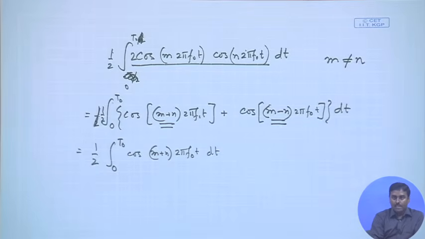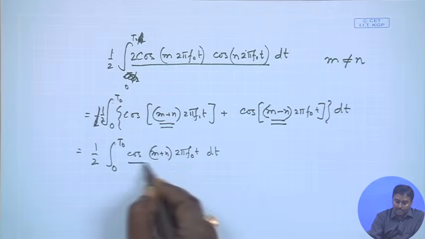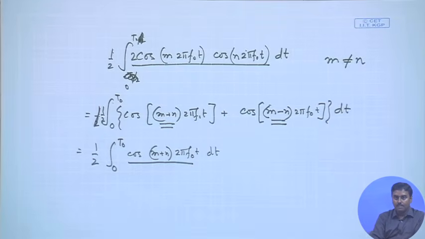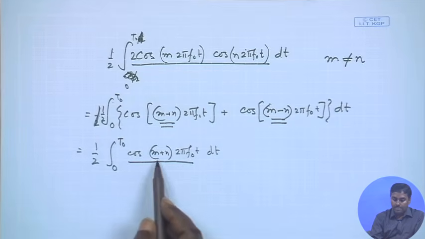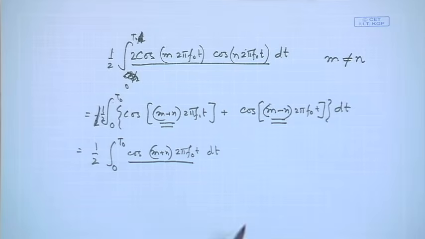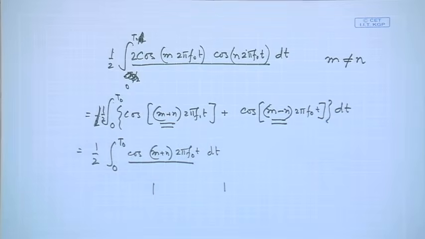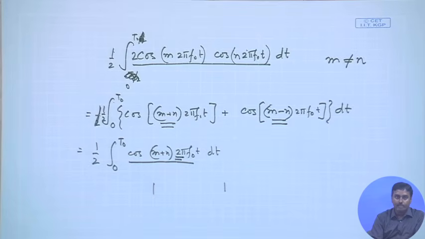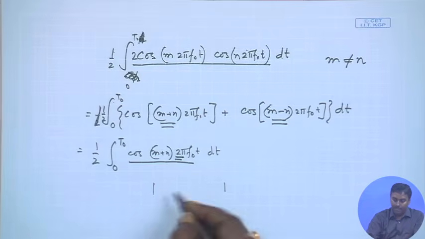What is happening, this is another cosine, and whatever that f0 times m plus n or m minus n, it will be either 1 or bigger than 1. So, over that period t0, if I integrate a cosinusoidal, which is, see, already 2 pi is there, that means either it will just make the full cycle or it will make multiple full cycles.